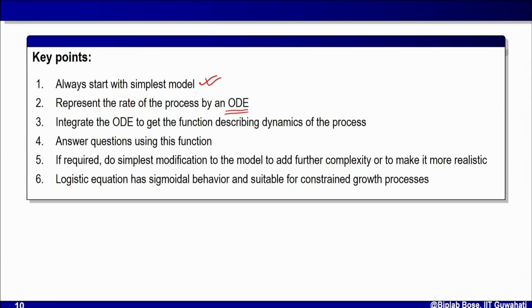Then we moved into making a bit more complex model. Starting with a simple model, we moved into the logistic model, where we considered that the environment has limited resources to accommodate a population. So we introduced the concept of carrying capacity and just tweaked our previous equation with small additions here and there to create a new ordinary differential equation.